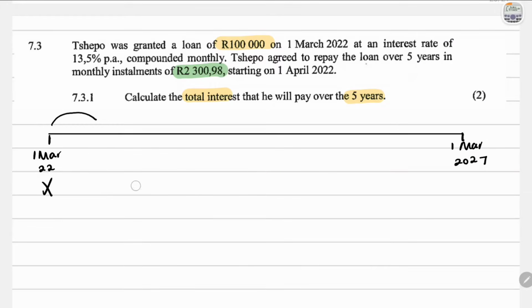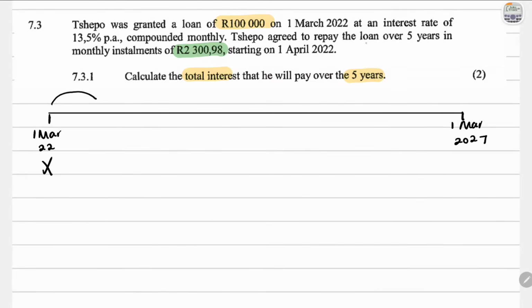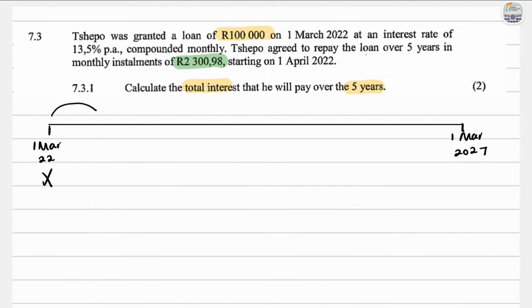We have that. Now, the first question is really just calculate the total interest that he will pay over the 5 years. So for us to be able to see that, we're going to have to think about how much Tsepo is actually paying. Like how much is he going to take out of his pocket and actually pay every month?